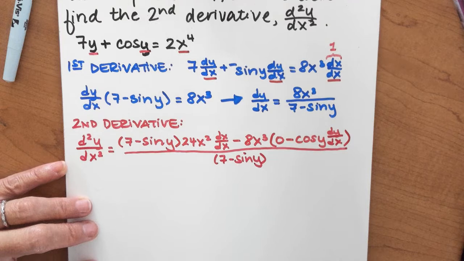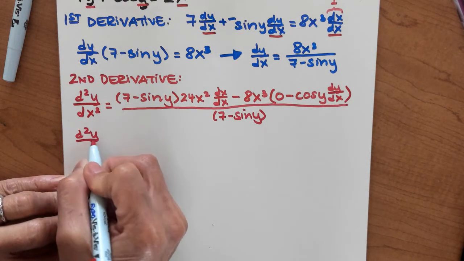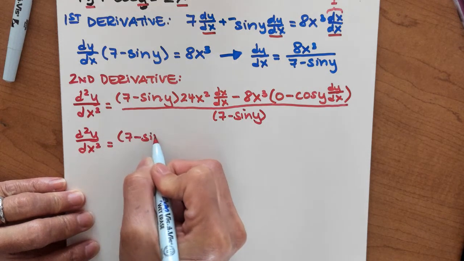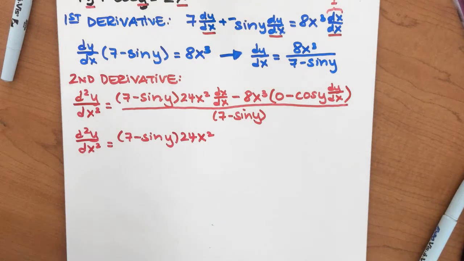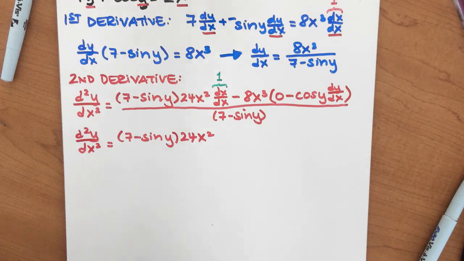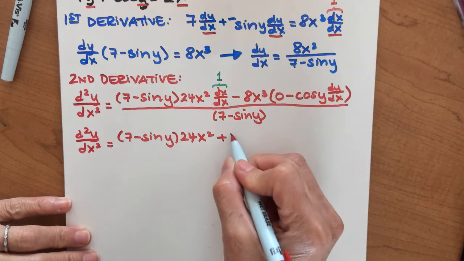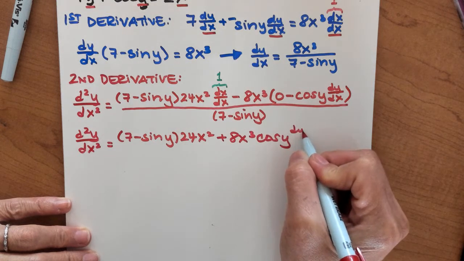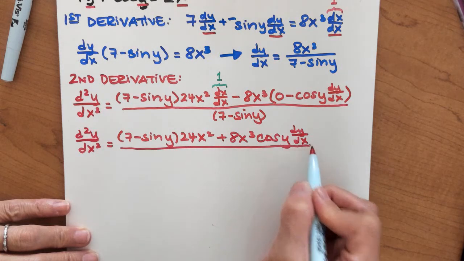So I'm just going to clean this up a little bit. So the second derivative equals 7 minus sine y times 24x squared, and again this is going to equal 1, and over here I'm going to get a plus 8x cubed cosine y dy/dx, all over the denominator squared again.